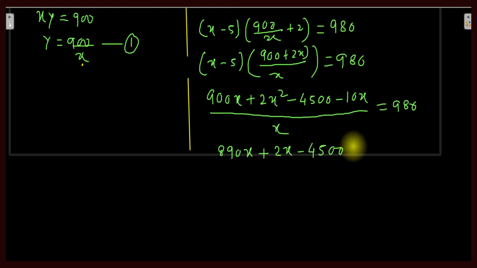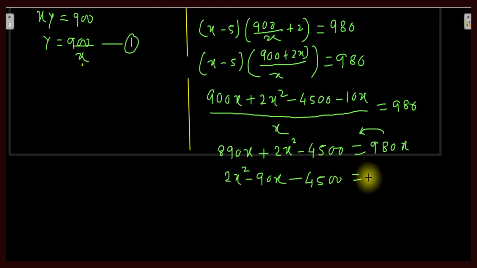Take X to the other side, so you will get 980X. If you take 980X to this side, that will be minus 980X. So 890 minus 980 will be minus 90X. So we get 2X square minus 90X minus 4500, which is equal to 0.